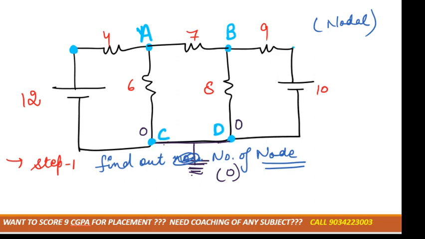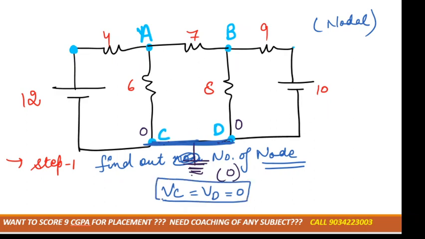Generally we take the downward nodes as the reference node, as there is no element connected between these two nodes. So the potential at point C and point D would be the same, because there is no element, and that would be equal to 0 only. Understood? That is step number 1.